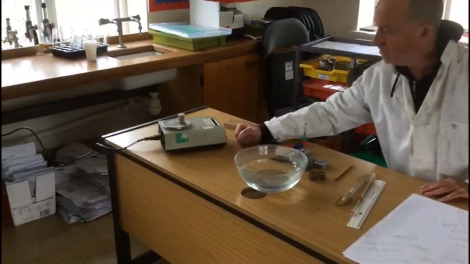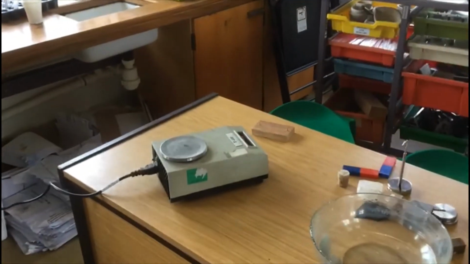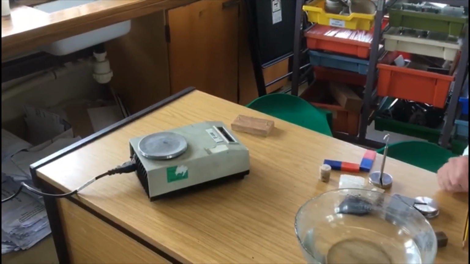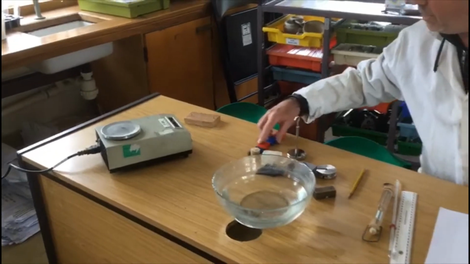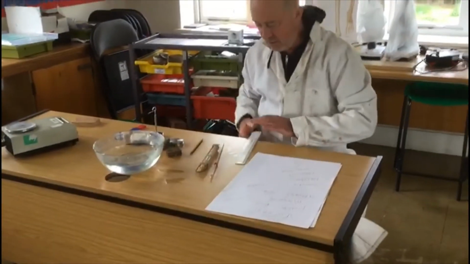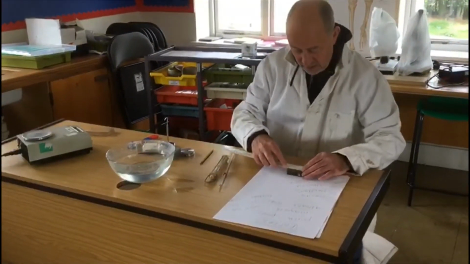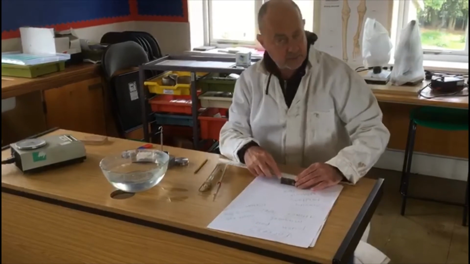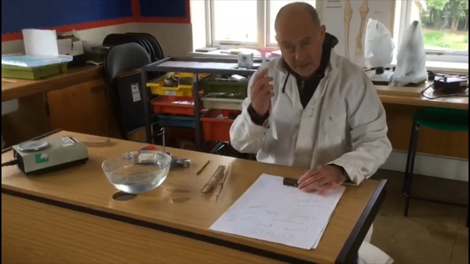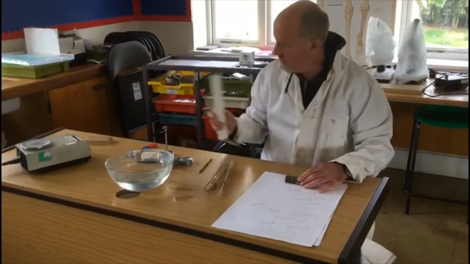Grams is what we use for describing the mass of something. If I want to measure the length of something, I would use a ruler. For example, this block of brass is 5 centimetres long. So grams for the mass, centimetres for the length.